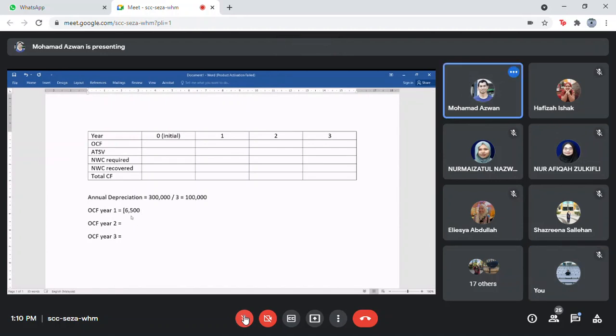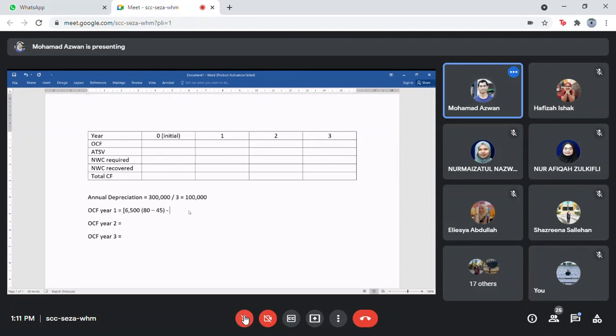Then you find P minus VC. How much is the sale price? 18 for year 1 and year 2. And then minus variable cost. How much? 45.